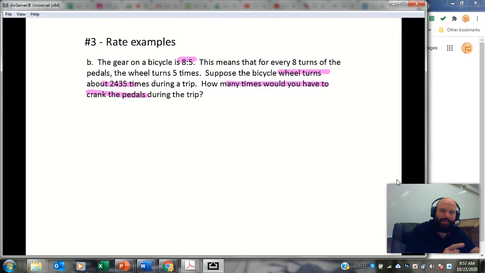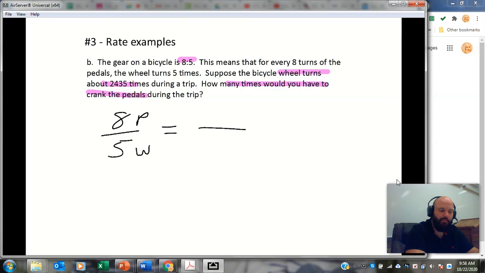So we want to be consistent with our units. Let's start with the ratio that we know. It says the gear on the bicycle is 8 over 5. Now remember, 8 turns of the pedals, so I'm going to put 8p standing for pedals, and then the wheel would turn 5 turns. So you can see 8 pedals to 5 turns of the wheel. Now from there, we're going to set that equal to another ratio because we're setting up a proportion, and the units need to be the same.